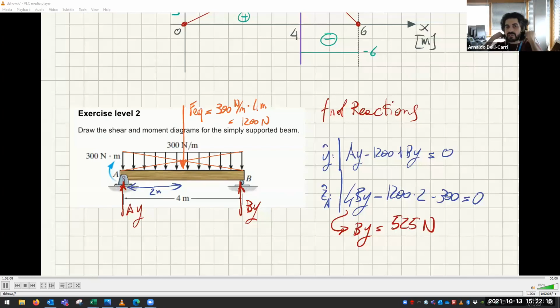Remember, we are looking at newtons here. And so that means that AY is 1200 minus 525, 675.